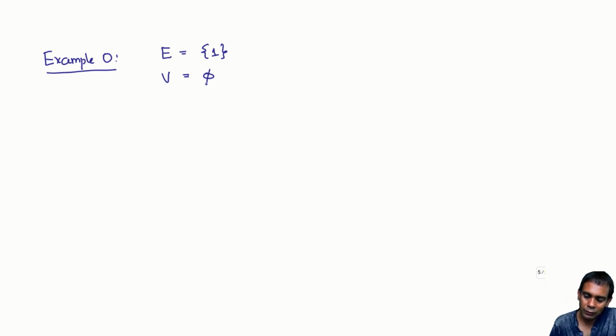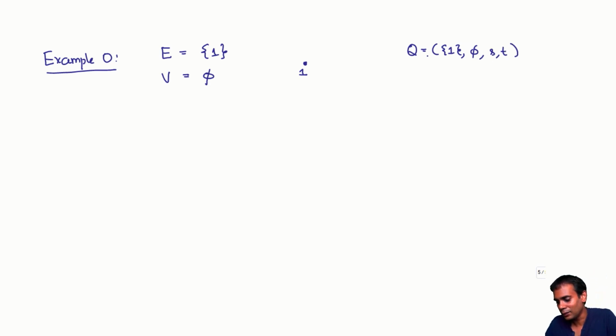In this case, we will just represent it by a single point, which is 1, and there are no arrows at all. Then what is FQ?